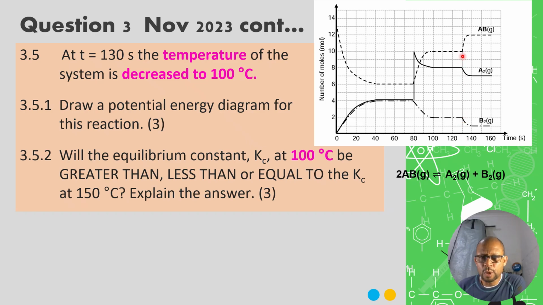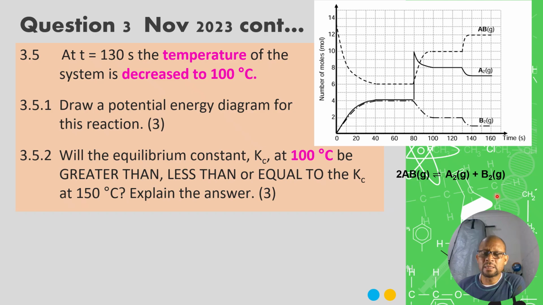Now at this particular part, you can see there's an increase in the moles of AB. There's a decrease in A squared, and there's a decrease in B squared. Now that tells me that the concentration of A and the concentration of B has decreased, and the concentration of AB has increased.